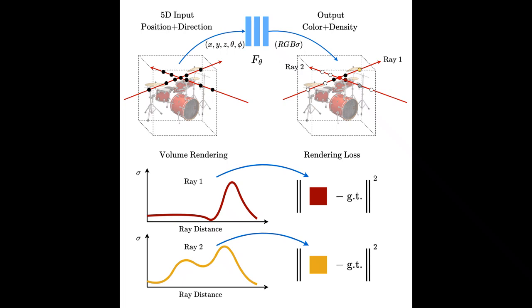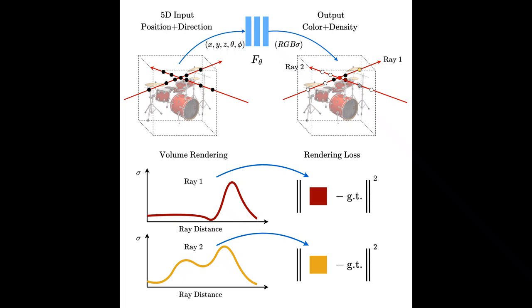So what are we going to give the model as inputs? We have a set of images that we take from our camera, and we give the model the position and the camera's viewing direction as the input. The position is going to be a 3D vector, and the direction is going to be a 2D vector of two angles.